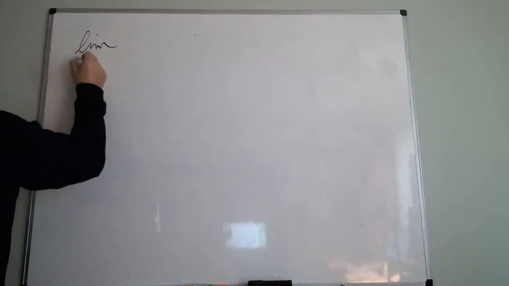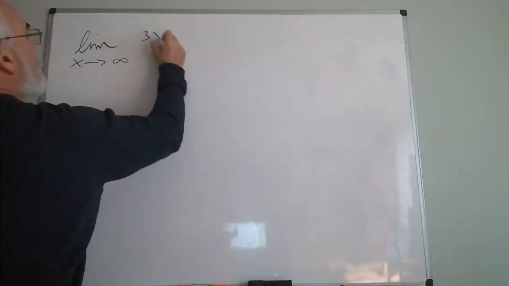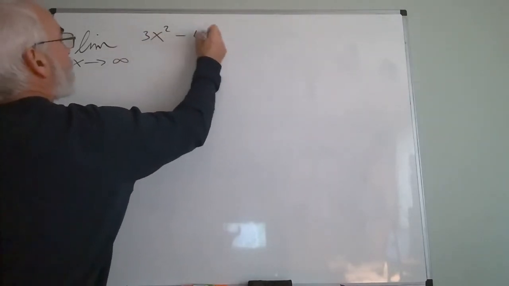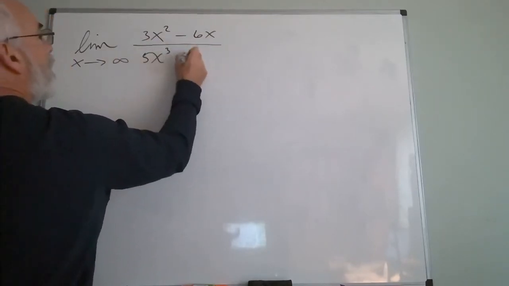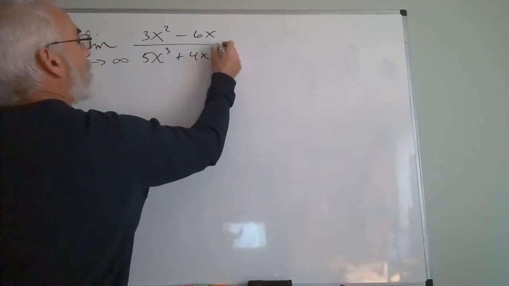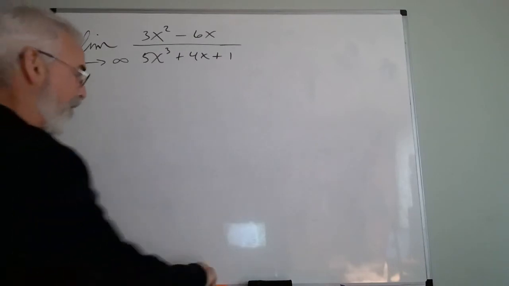I'm going to do the limit as x approaches infinity, let's say, of 3x squared minus 6x over 5x cubed plus 4x plus 1. This is a rational function, okay? Because it's a quotient of polynomials.